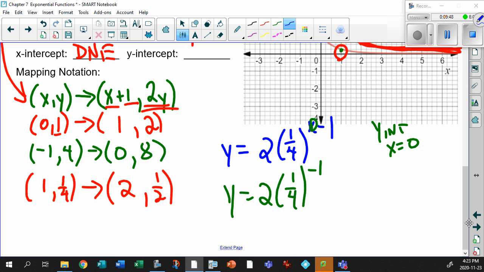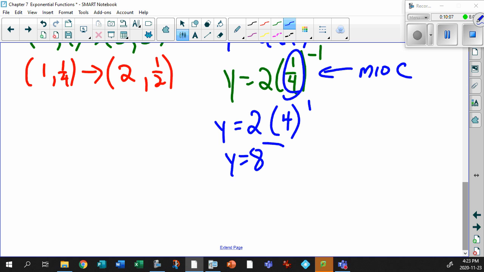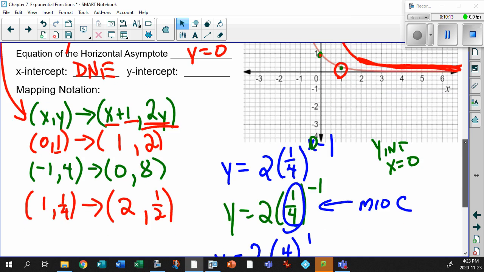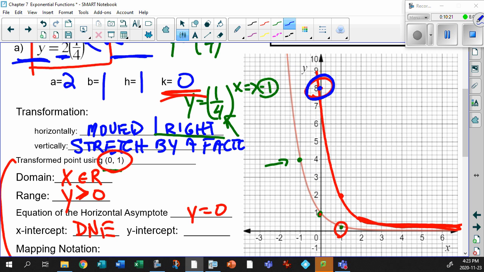Knowing a little bit about exponential notation that you learned way back in Math 10C, you know that this gets flipped to 4 over 1, or just plain old 4 to the power of 1. 4 to the power of 1 is 4, times 2. Look at this. y works out to be 8. Wow, sweet. So what we drew up here, and part of our mapping notation, was we determined the intercept to be 8. We were correct, even algebraically. So our intercept is 8. This is how you do these questions based on SRT. Isn't that beautiful?